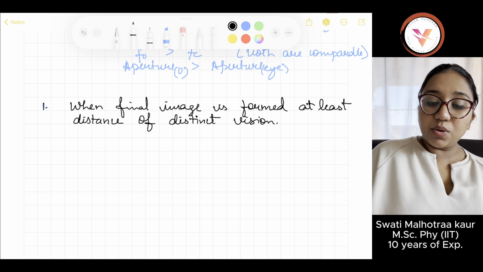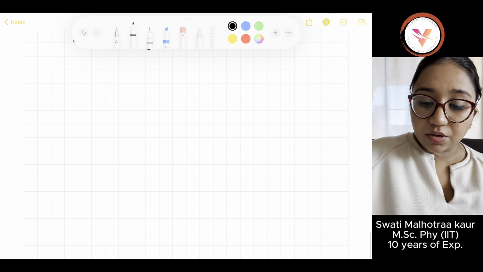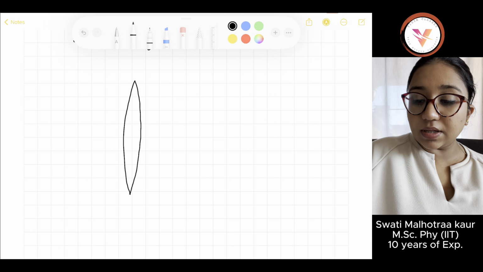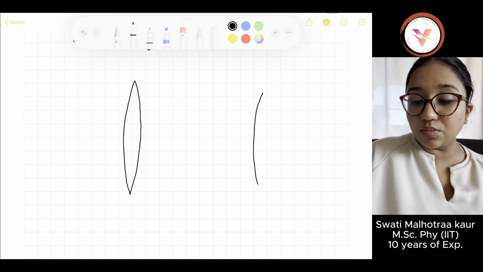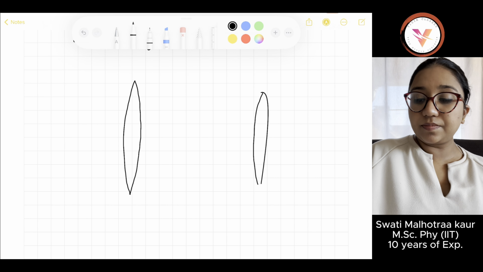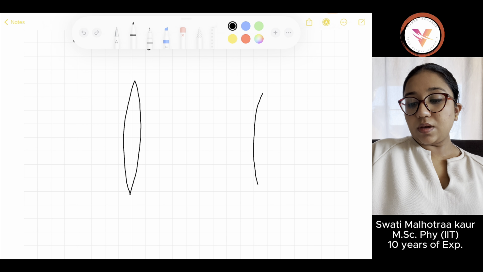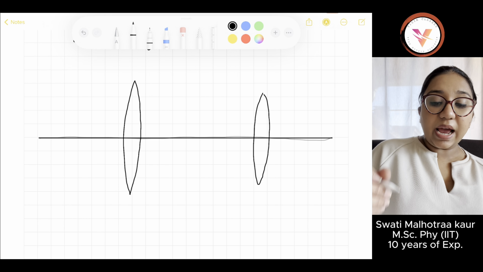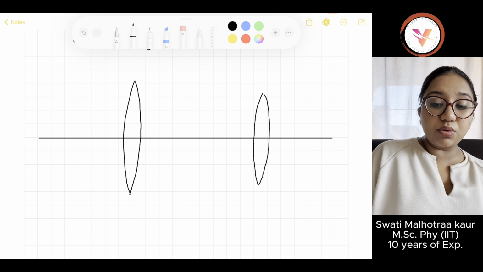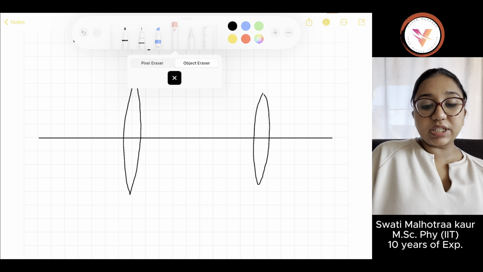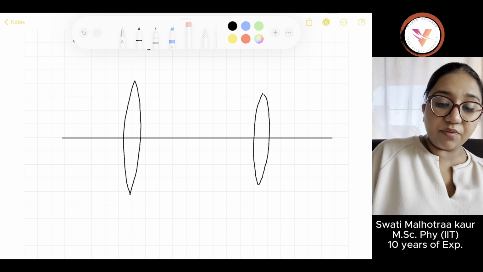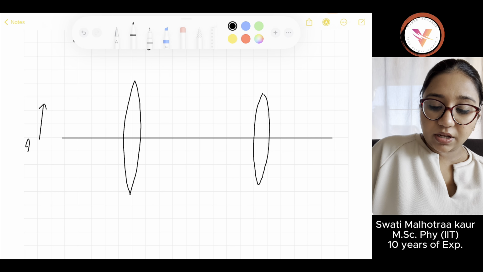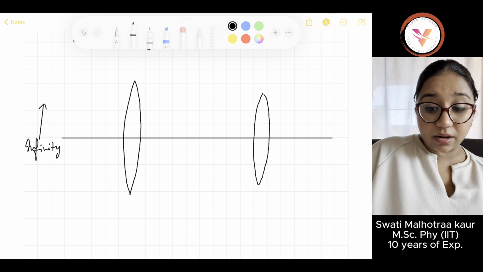Okay, so here you have this objective lens, and this is eyepiece, not very small. And then you have this principal axis. And since we are talking about astronomical telescopes, objects are definitely far apart. That means they are placed somewhere at infinity. So objects are at infinity, so the rays which are coming are parallel.